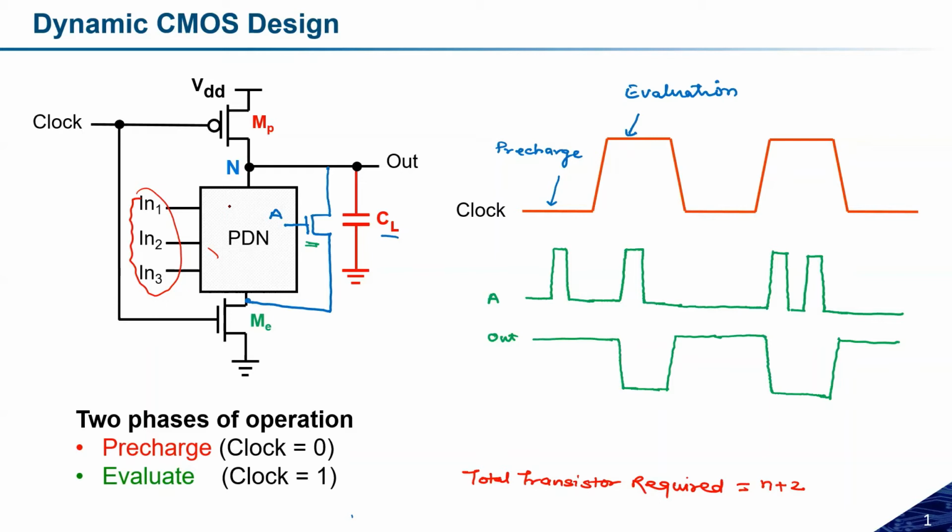So if you summarize here, in the dynamic CMOS design style or dynamic logic circuits, we need N plus 1 NMOS transistors and 1 PMOS transistor. So what is the advantage of this one? Most of the transistors are NMOS transistors, and only one transistor is a PMOS transistor.